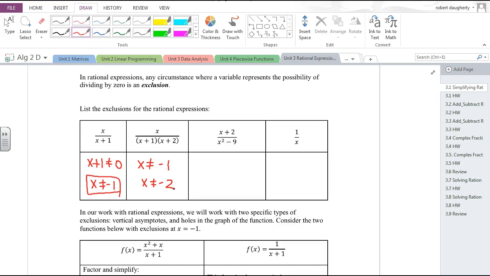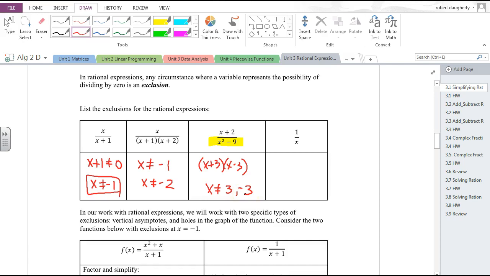What is the denominator in this next one? X squared minus 9. Is that fully factored? No. How does that factor? That's x plus 3, x minus 3. What are the exclusions? What can x not be? Yeah, so x cannot be 3 or -3.